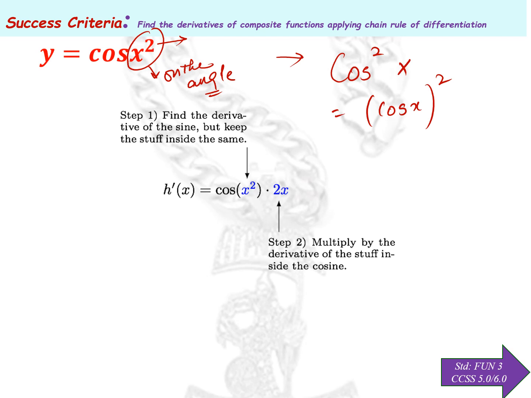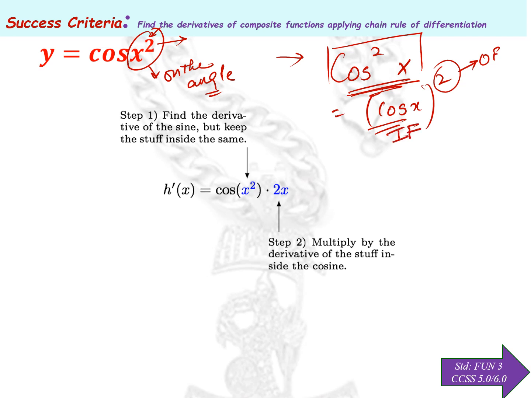But over here, only the angle has power 2. So in this case, cosine squared x, the power 2 is the outer function and cosine x is the inner function.